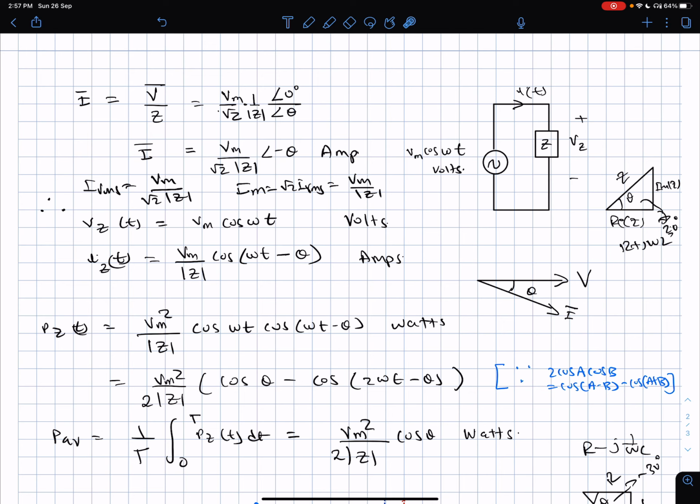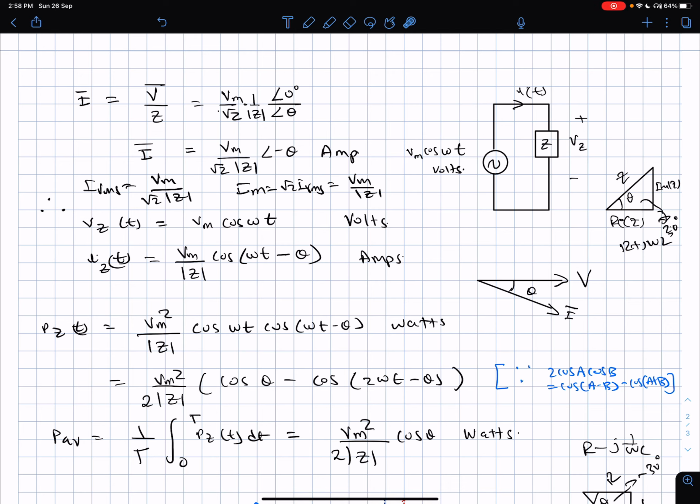If I look at 2 cos A cos B, that is cos of A minus B plus cos of A plus B. So I multiply and divide by 2 here and use 2 cos A cos B, and I get cos of omega t minus (omega t minus theta), which is cos of theta, plus cos of omega t plus omega t minus theta, which is cos of 2 omega t minus theta.